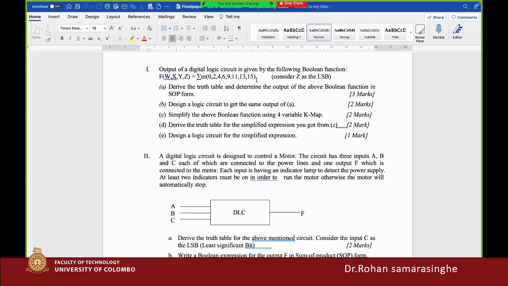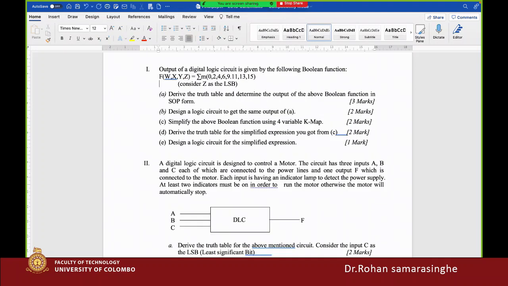And sometimes the don't care condition will also be given, like this one, along with the summation of these minterms: 1, 5, 14, for example.